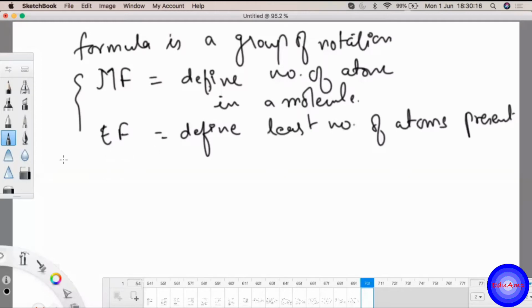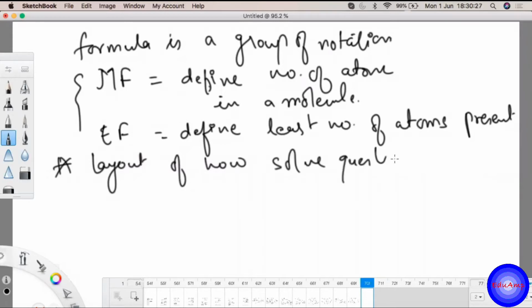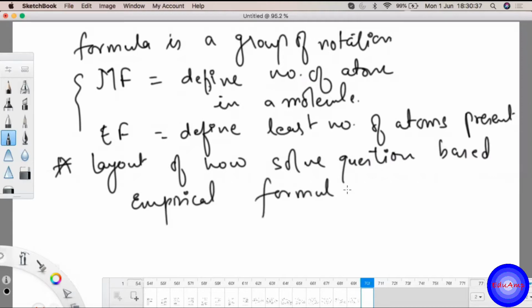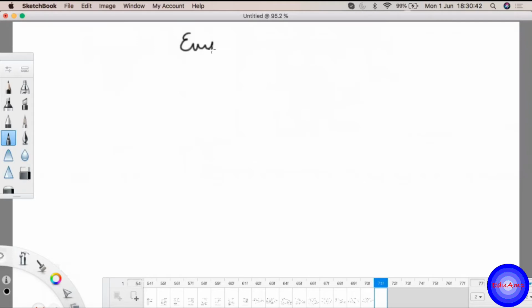First, I'm going to give you a layout of how to solve questions based on empirical formula. Okay, so let's start. In the first column, there would be elements.